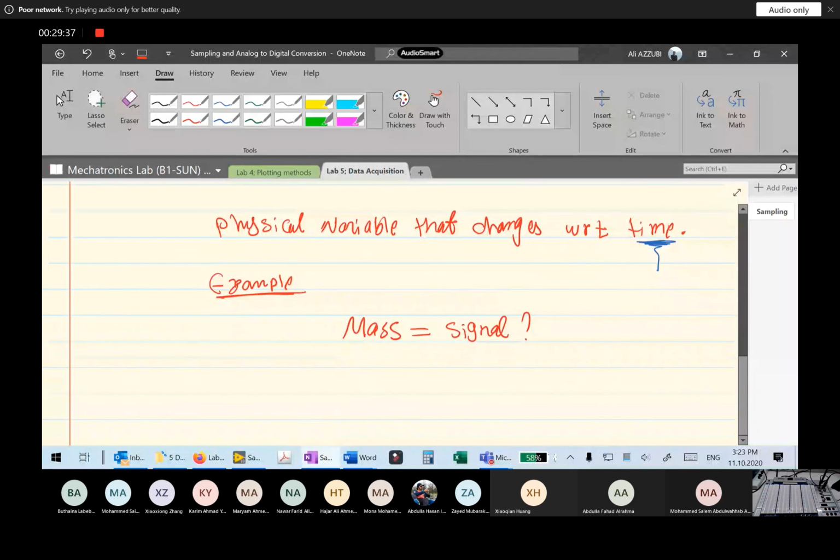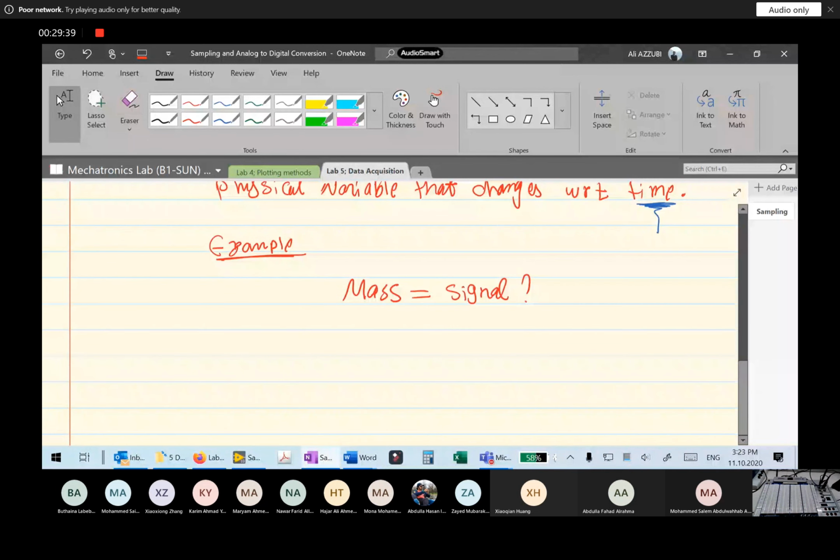Does the mass change with time? A mass of a body, let's say the mass of your car or a wheel. The mass is not changing with time, unless it does, then you have to consider it a varying parameter. But in general, mass is not a signal.